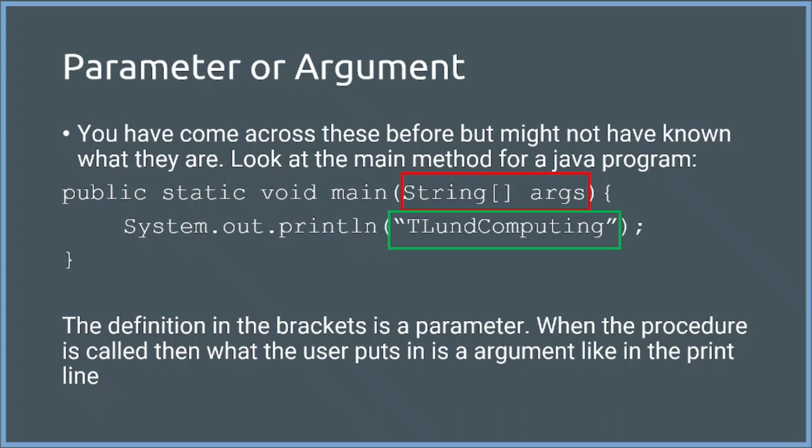So you can see the red box goes over a parameter. That is defining some additional information that can then be used within that procedure. The green box is an argument because it shows the actual data that's going to be used within that procedure or function. So a parameter is the definition, an argument is the actual value that's being passed.